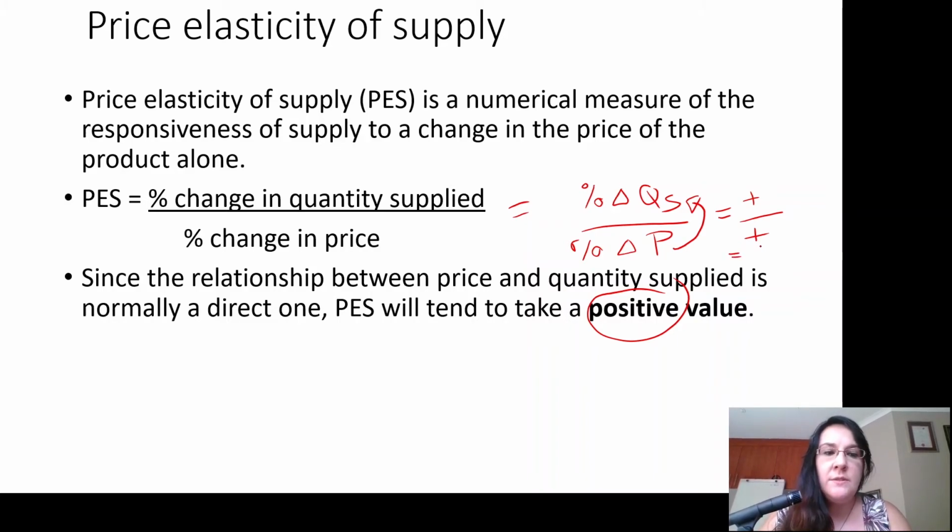So a plus divided by a plus gives me a plus. And now I can also say, if the price decreased, it's going to decrease the quantity supplied, because suppliers don't want to supply at a lower price. So a minus divided by a minus also gives me a plus, hence the positive relationship between price and quantity supplied. Now for PED, we saw that the relationship is negative, so it had a negative sign in front of it.